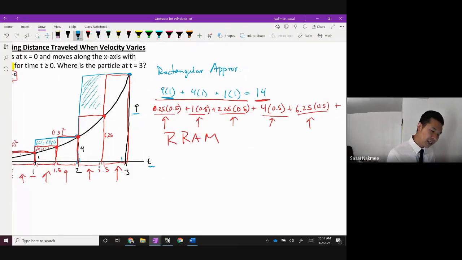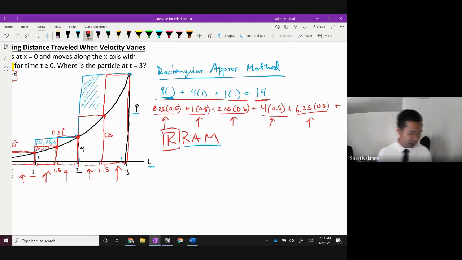This is called the rectangular approximation method. What do you guys think this R stands for? I'll give you a little hint. When you look at this base right here, the height comes from this value right here.